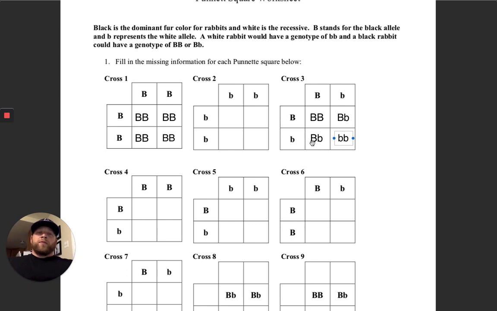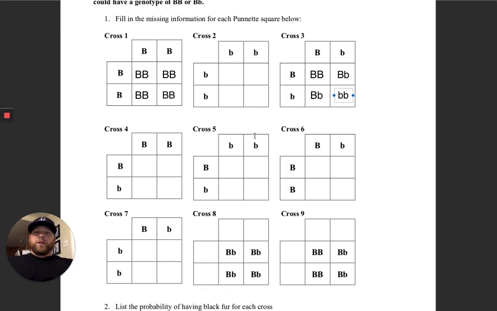However, they only have 2 potentially that would be heterozygous, okay? So those 2 are heterozygous pairs. These 2 are both homozygous. This one's homozygous dominant. This one is homozygous recessive.